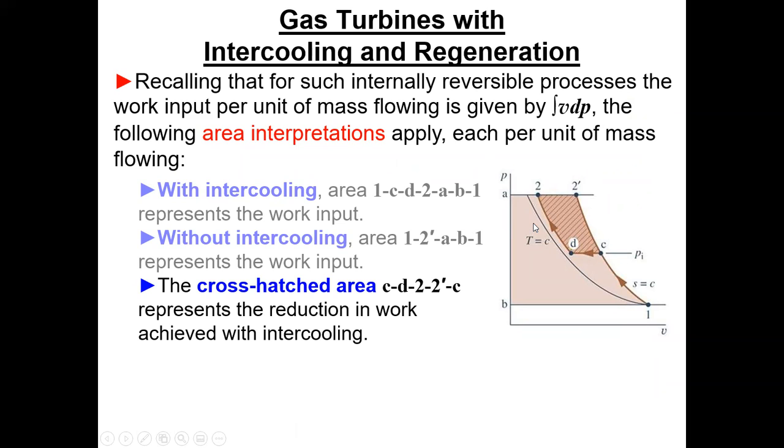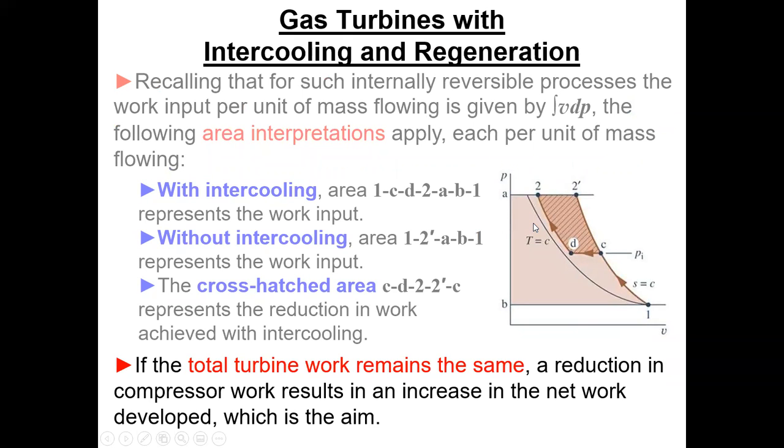So that's a pretty good idea. We're getting all kinds of good ideas relative to this Brayton cycle. If the total turbine work remains the same, reduction in compressor work results in increase in net work developed, which is the aim of doing it.